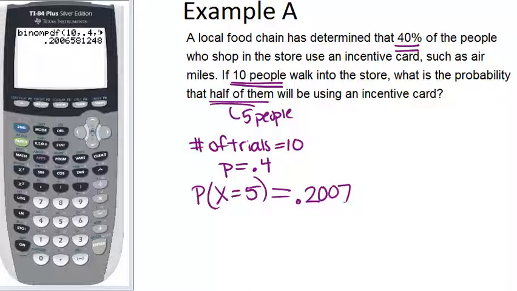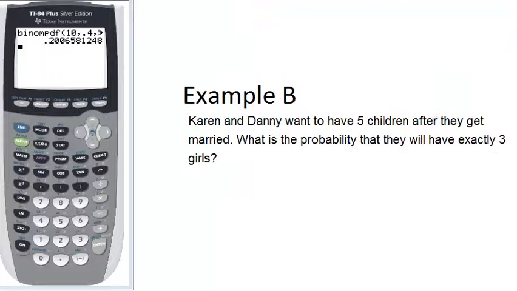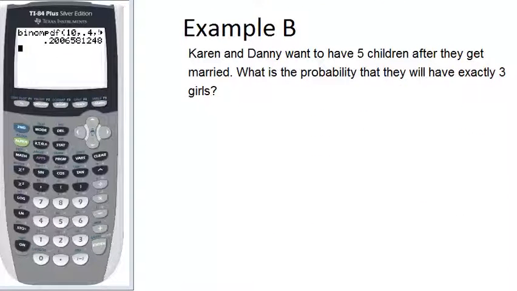All right, let's go to example B. Karen and Danny want to have 5 children after they get married. What is the probability that they will have exactly 3 girls? Okay, so this is also a binomial situation because you will either have a girl or you won't have a girl. So a girl in this case is what we would consider success.